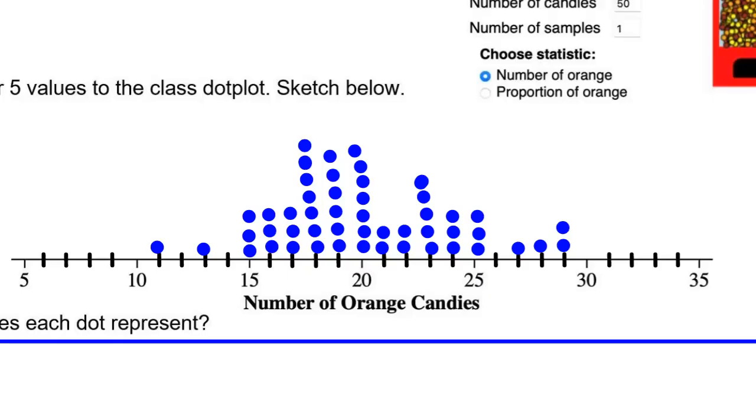Please make sure you are getting this dot plot into your notes. 21, 15, 22, 19 and 19. Is that 24? Yeah. Okay, 24, 21, 21, 25, 17.